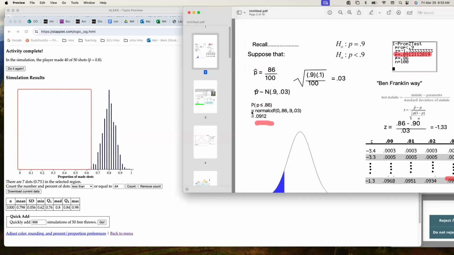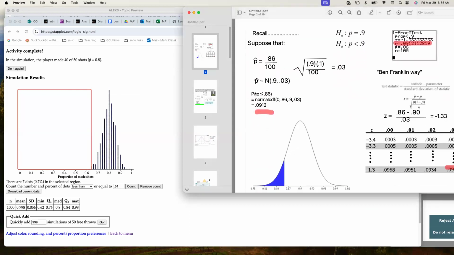This is just summarizing, stating that we have a different set of hypotheses, but if it's 0.9, we're going to say that the distribution of all these sample proportions, so when I did it, let's say a 90% free thrower made 86% of their free throws, is going to follow a pattern where the mean is the true percentage, and the standard deviation is the square root of p times 1 minus p over the sample size, which was about 0.03. Okay. And we did that development back here.